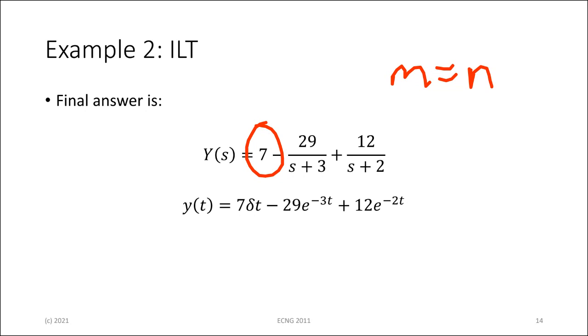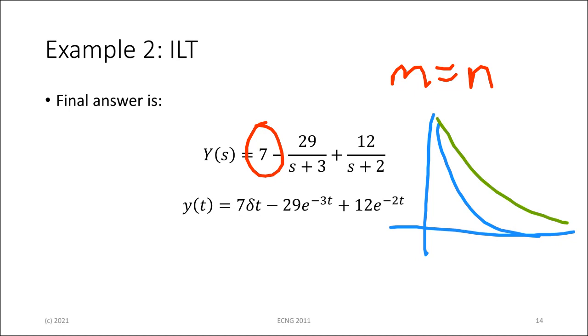You don't want that. It means if I was to plot this, e to the minus 3t, that's a nice decaying exponent, right? So e to the minus 3t would be something looking like that. E to the minus 2t would be something decaying a little gentler.